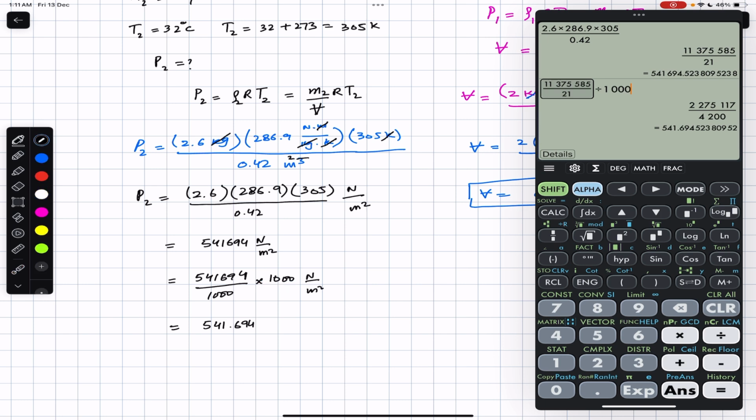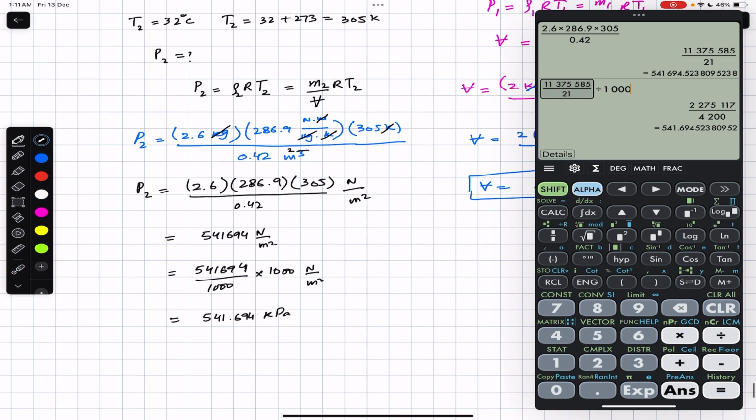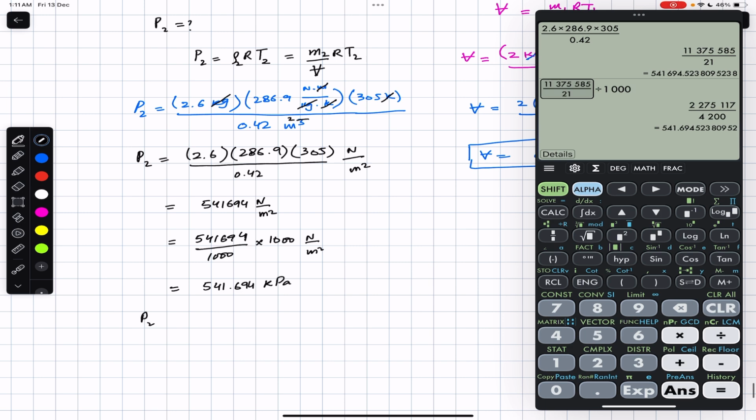So we can say that this is kilo, and Newton per meter square is Pascal. So P2 is approximately equal to 542 kilopascal.